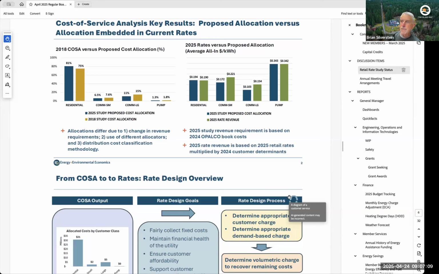And in fact, we actually have some residential customers who probably use more than industrial. So, what's the value of the COSA step at this point? Why do we do COSA and then do the rate design? And I'm wondering, do other utilities do it differently now?